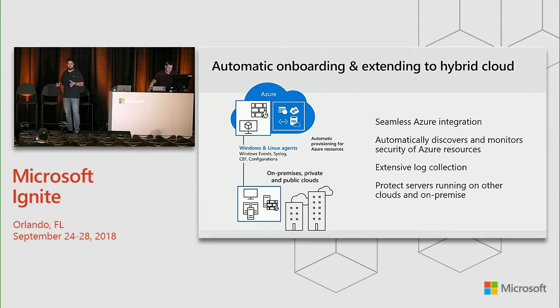Once these agents are in place, and that's, of course, how we can also support servers that are not necessarily in Azure, like on-prem and other clouds as well, we can run our advanced set of capabilities that we're now deep diving into. That also, of course, includes an extensive log collection that we're doing, not just for Windows servers, but also for Linux servers. So Azure Security Center supports servers from basically most of the flavors that are out there.